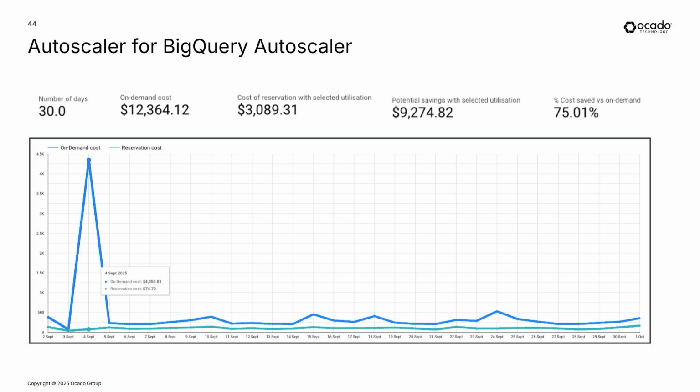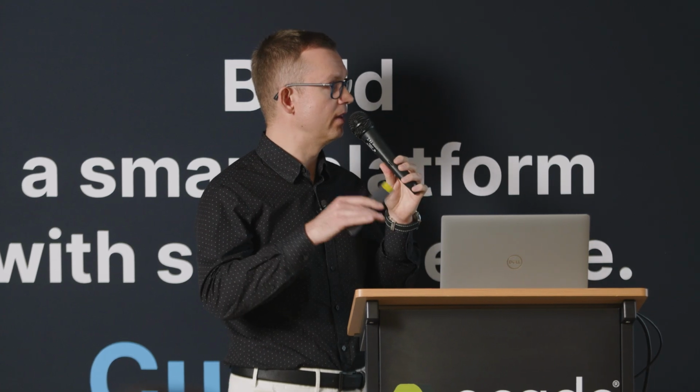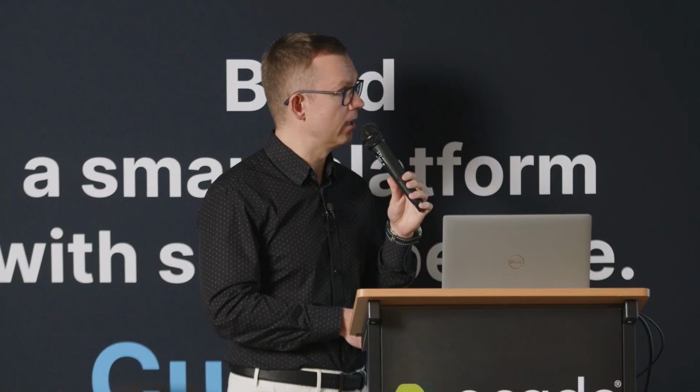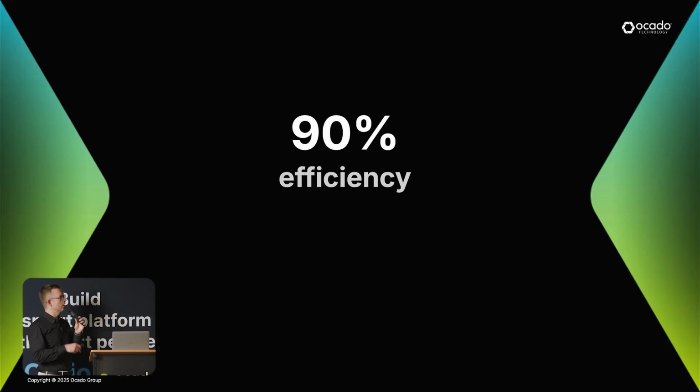This is a pretty cool result. It doesn't work that way all the time, but in general, after several months we observe more or less 90% efficiency. We are consuming 90% of the slots that are assigned by our autoscaler.